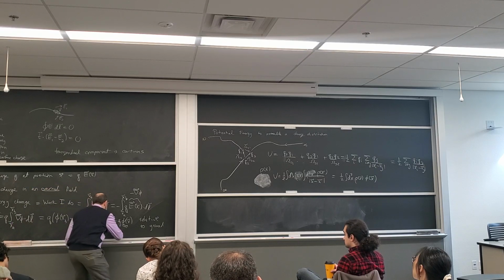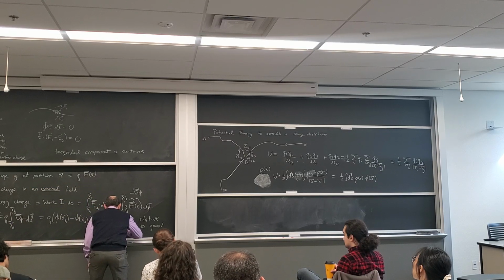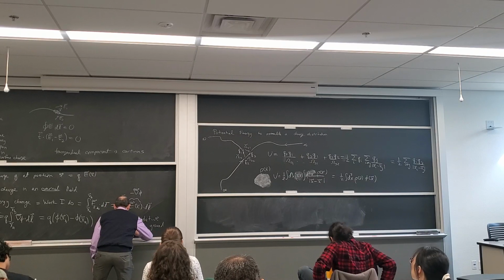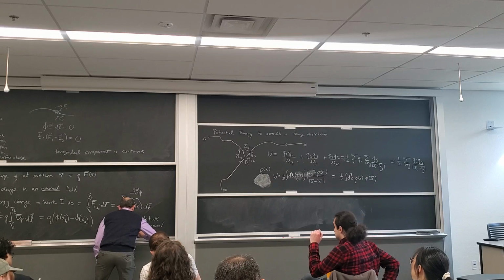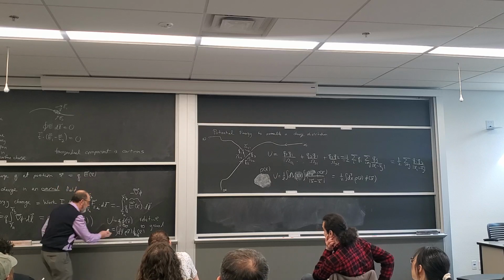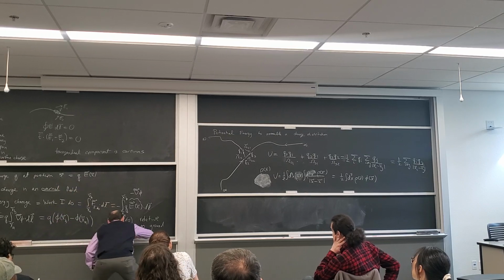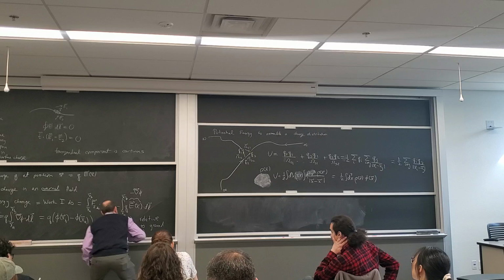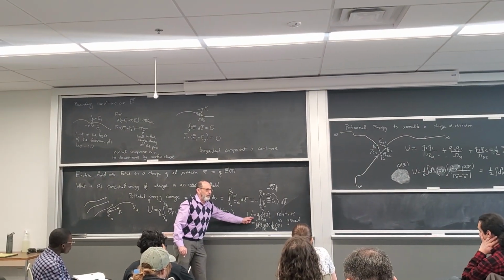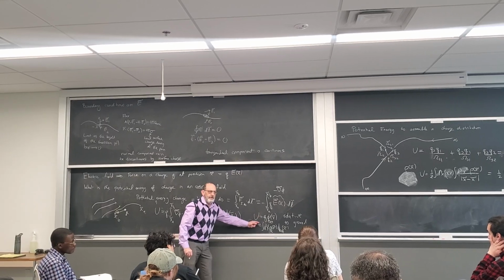That's the potential energy. That's equal to the integral over x prime, rho of x prime, phi external of x prime. That's a rho, not an e. That's just integrating this when I have a continuous distribution.